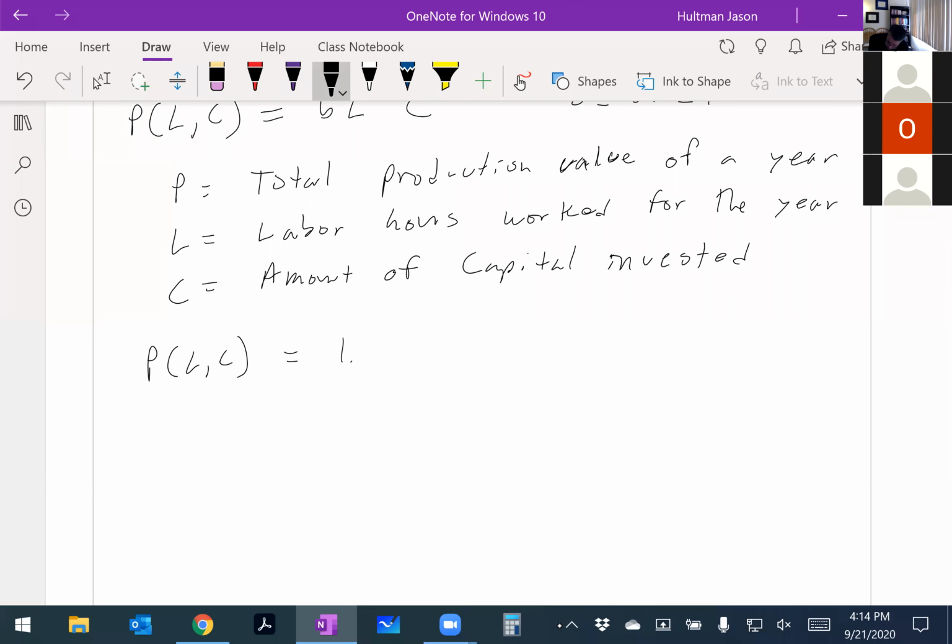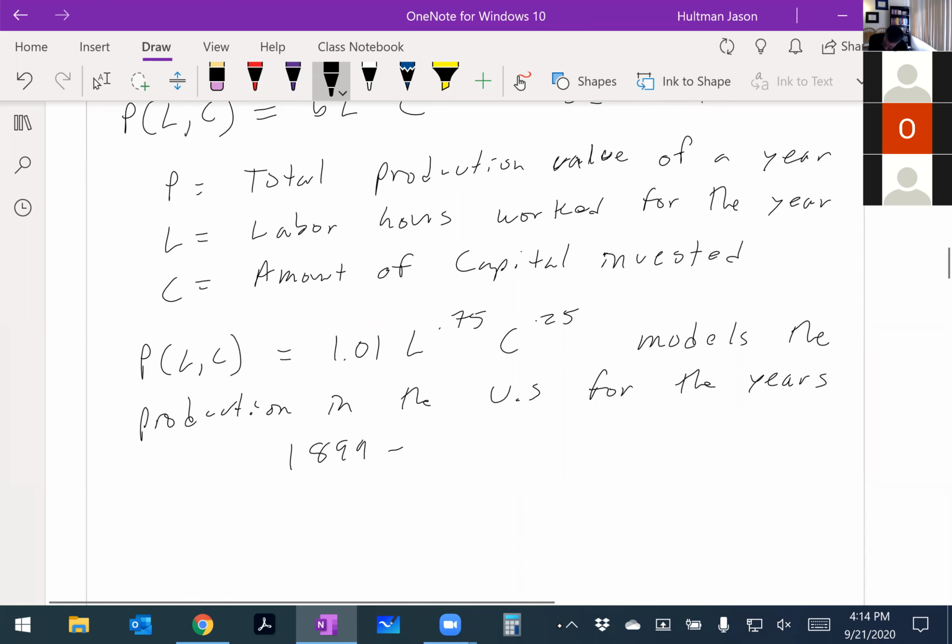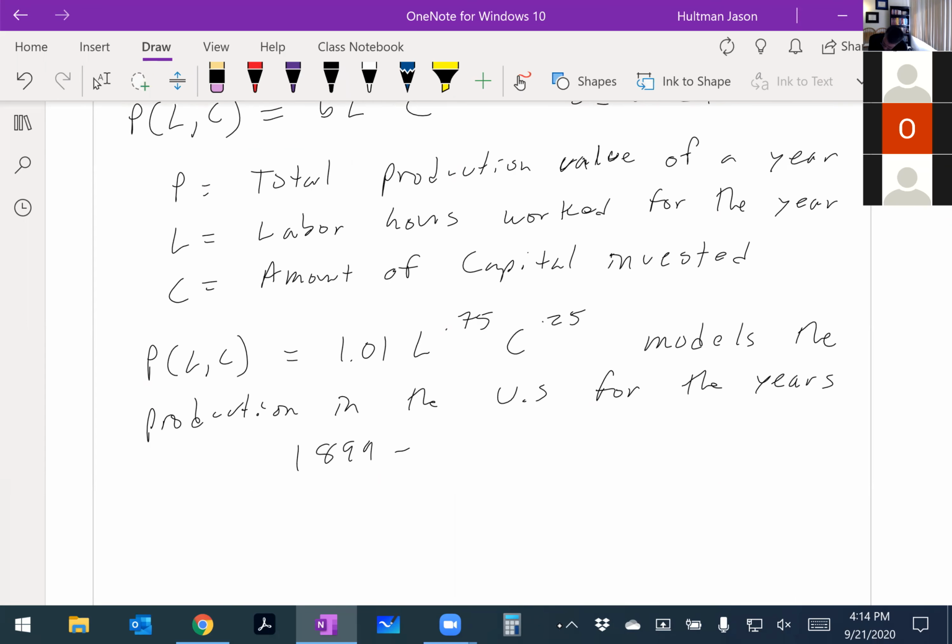P(L, C) is equal to 1.01 L to the 0.75, C to the 0.25, which models the production in the US for the years 1899 to 1922, when they first came out with this stuff, about 100 years ago.